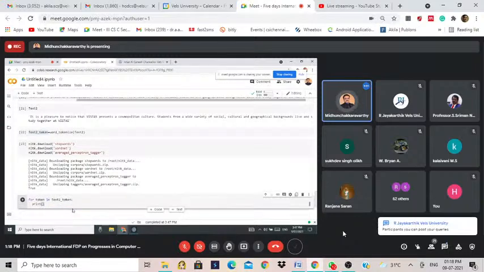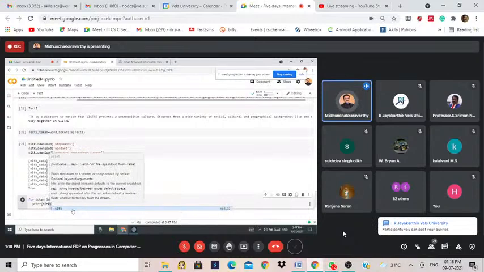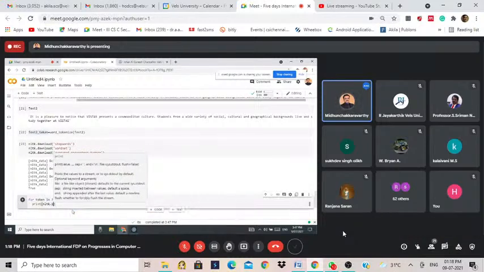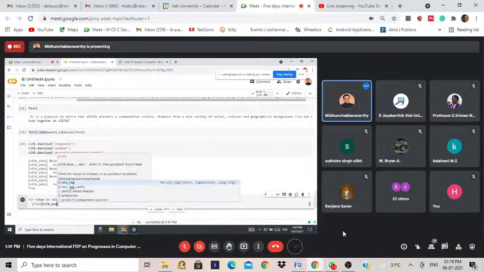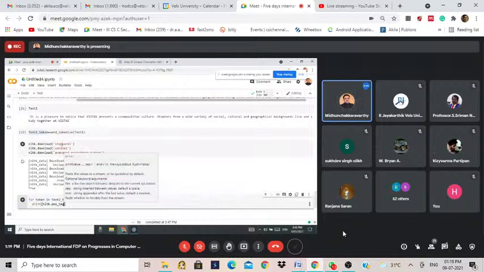So now if I incorporate nltk.pos, you can see pos_tag, part of speech tag. This is because only if I download the stop words and averaged perceptron does this POS tag come in.